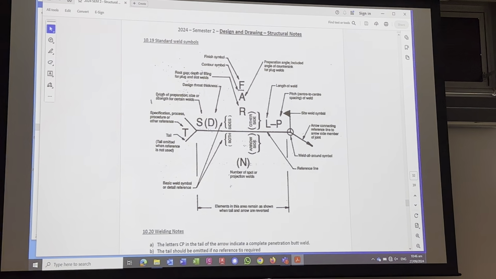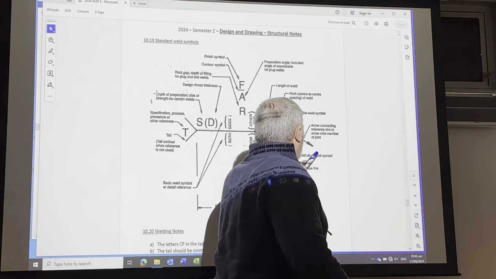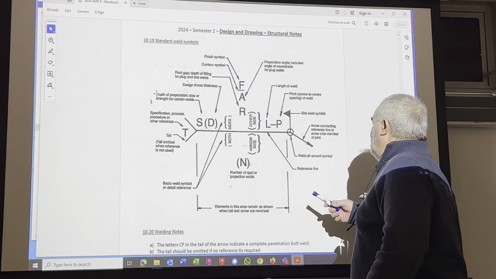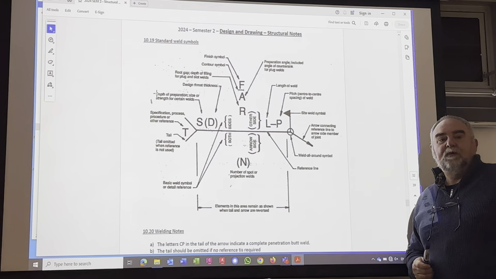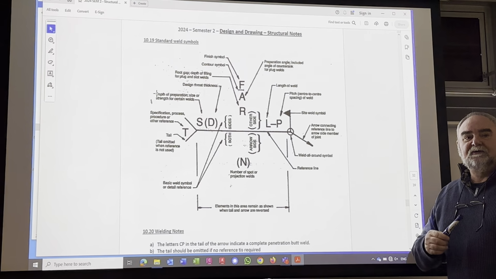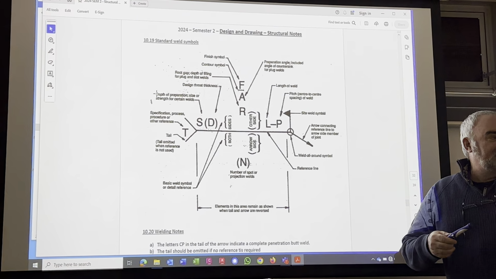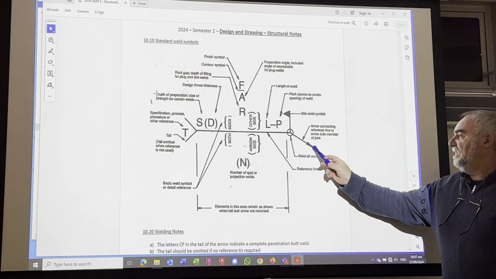So this is what we call a weld symbol. I'll just go over that as best I can. That points to the actual weld. So when you're doing your assignment, you're drawing up your elevation, you've got an arrow pointing to it.